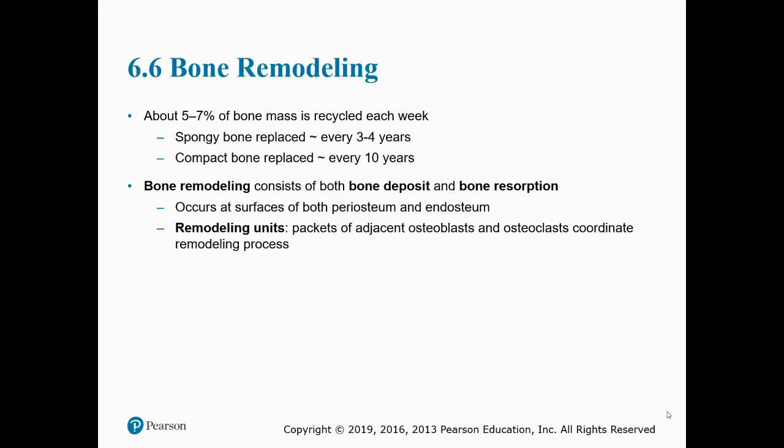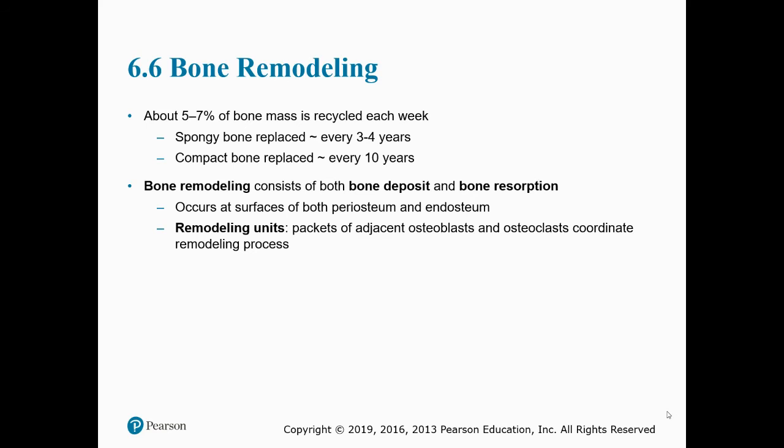Now, as we start to understand this remodeling, we have to realize that there are two different types of cells involved in this process, right? The osteoclast and the osteoblast. Remember, the osteoclasts are the bone destroying cells, while the osteoblasts are the bone creating cells.